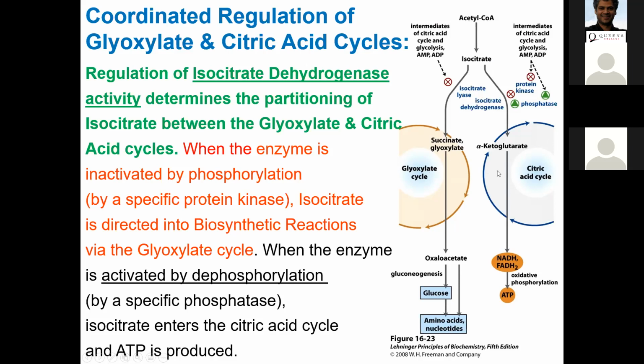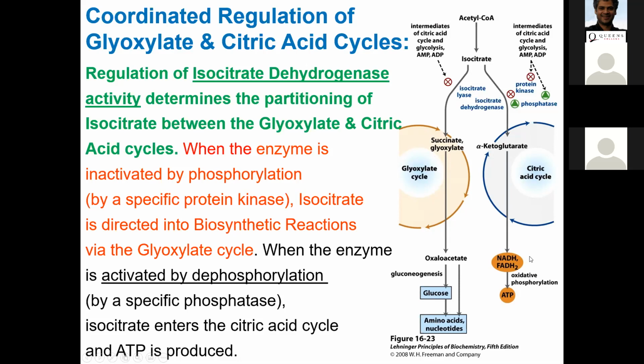The citric acid cycle is a catabolic reaction where you can take acetyl coenzyme A and pass the intermediates through the citric acid cycle whenever your cells need ATP. So one is a catabolic reaction on the right hand side, and the other one is an anabolic reaction on the left hand side. The glyoxylate cycle is an anabolic set of reactions, and the citric acid cycle is a catabolic set of reactions.